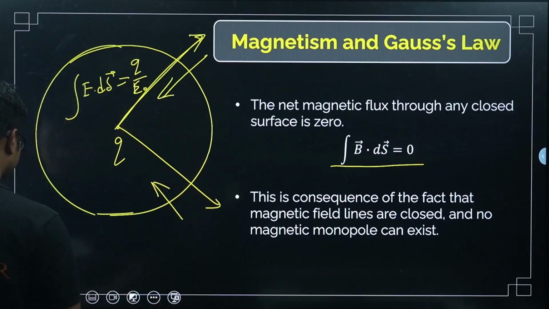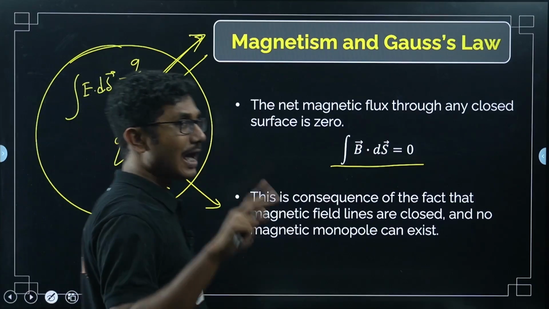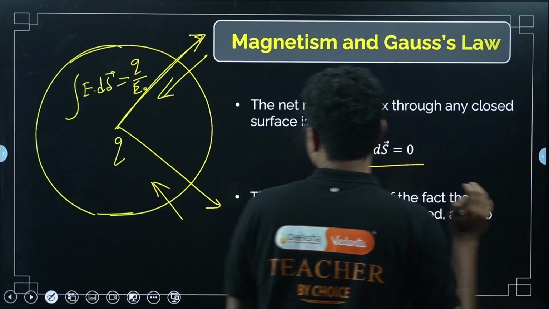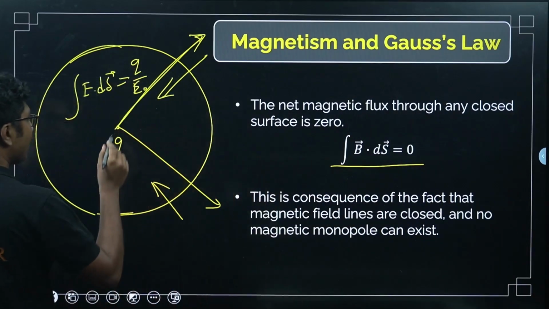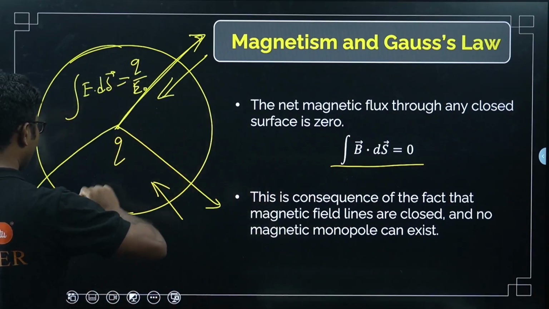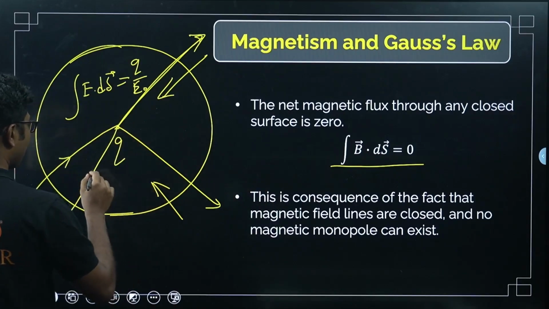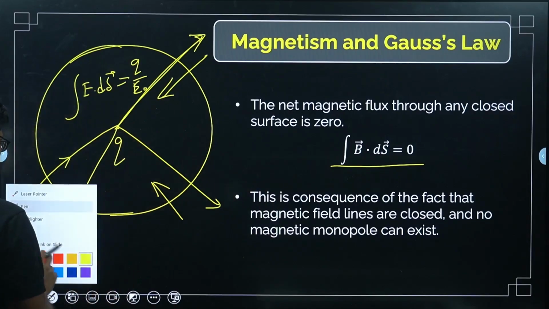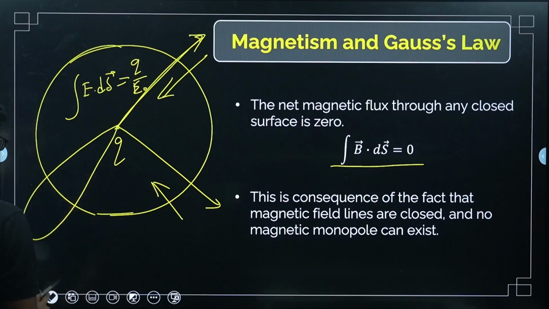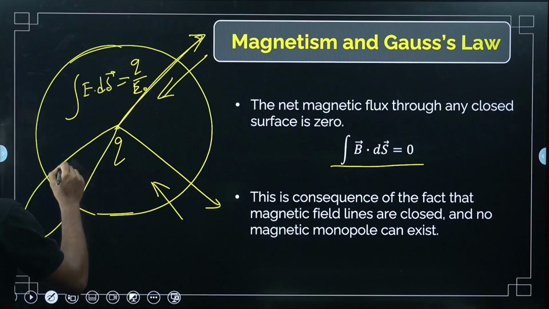Why so? First of all, this has two pieces of information. What are those two? Whatever field lines are going out, after some time they come back. Also, why are they coming back? Because there is no magnetic monopole.